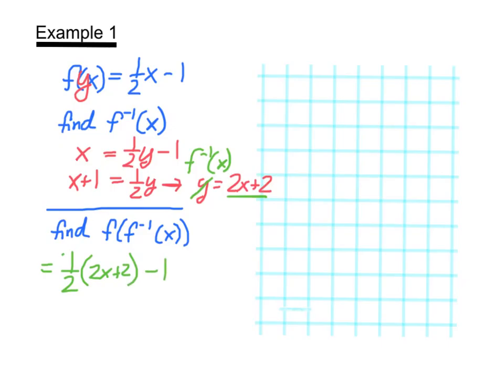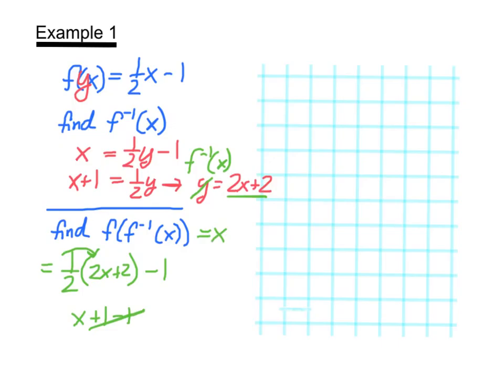Well, distribute that 1/2, and we get 1/2 times 2x equals x. 1/2 times 2 is equal to plus 1, and don't forget the minus 1. And look what happens, the 1 and the minus 1 cancel, and I'm left with just x. And we had said that that would happen, but here's the proof. Here's an example of how that works.